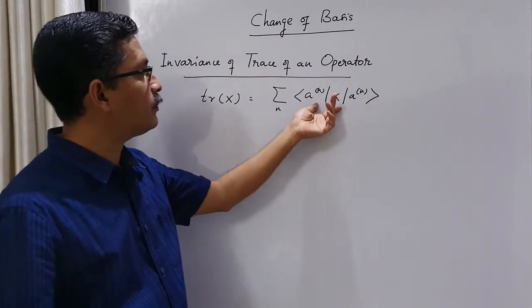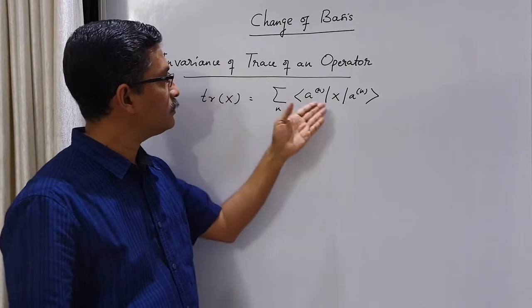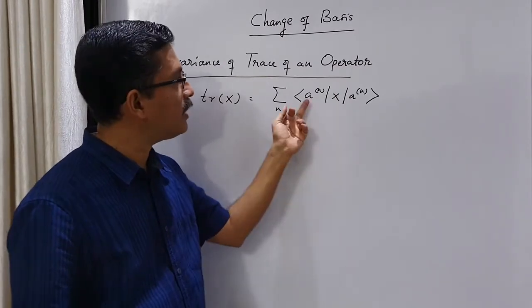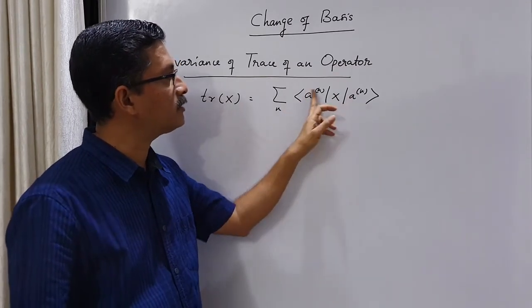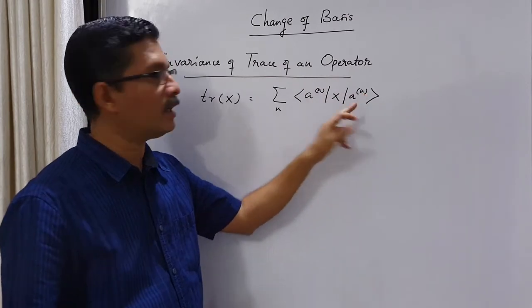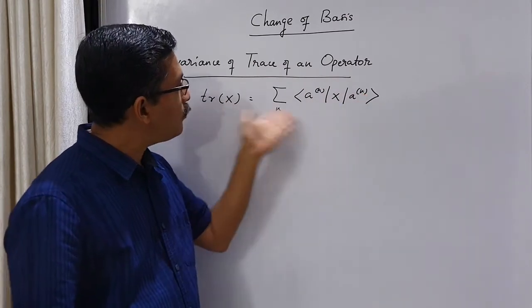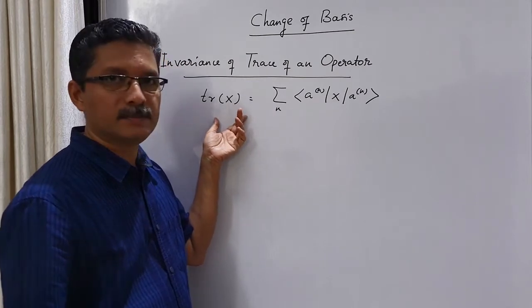These are the matrix elements of X in the basis a_n. So this is a trace. These are the diagonal elements because the row index and column index are the same, nth element. So the sum of such diagonal elements is the trace.